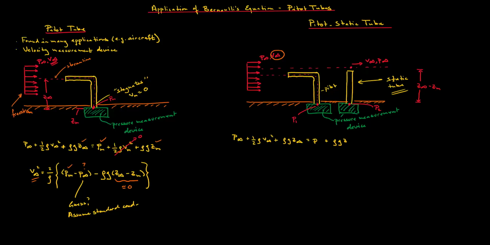Sorry, I'm going to rewrite these as P1 and Zm. Now let's express this as P1 minus P infinity. This will be equal to 1/2 rho V infinity squared plus rho G Z infinity minus Zm. And we'll call this equation 1.